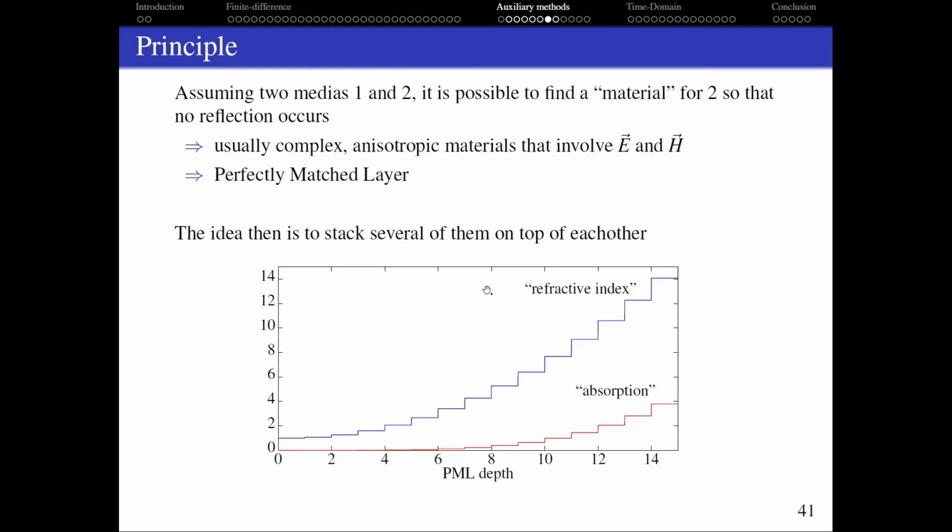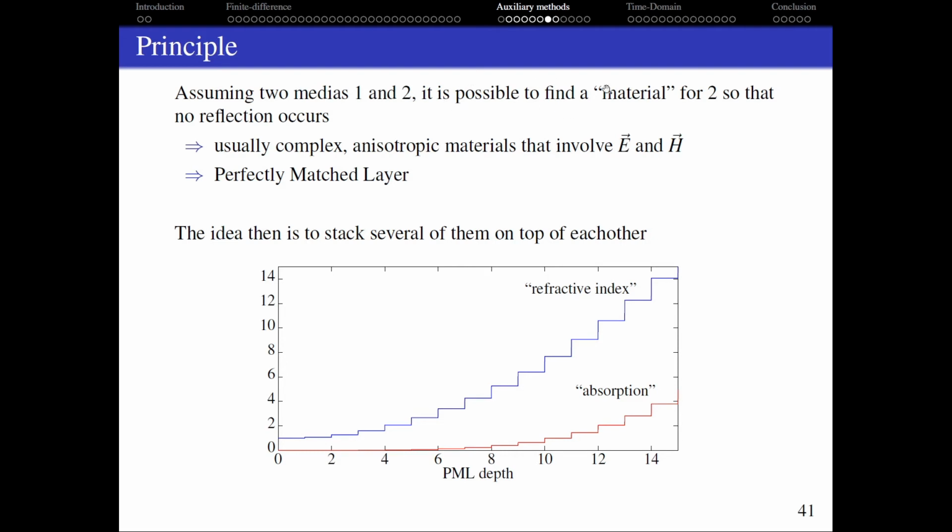Okay, so how do they work? So basically, the PMLs are a specific material. So let's say we had two media, 1 and 2, and we wanted to make sure that light coming from medium 1 into medium 2 doesn't come back.